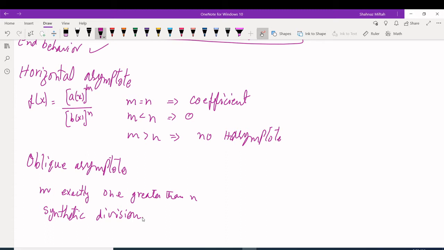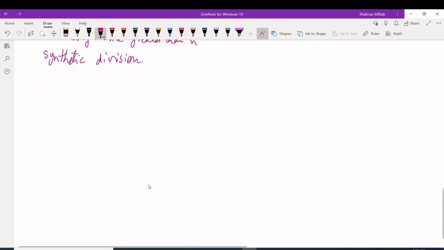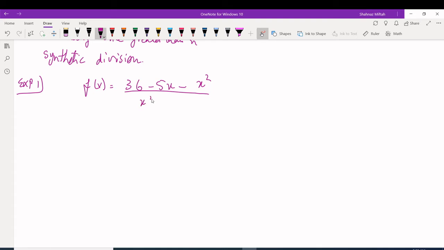Okay, so let's try and do the examples. I'm going to go back and forth to show you how all of this works. Example number 1. For example, I have f of X equal 36 minus 5x minus x squared over x squared plus 11x plus 18.